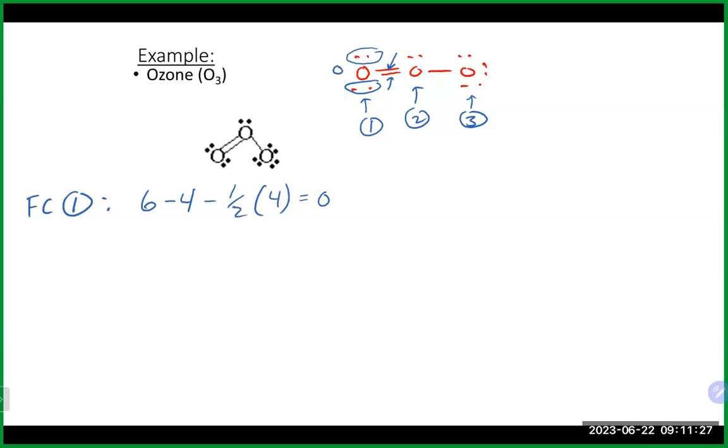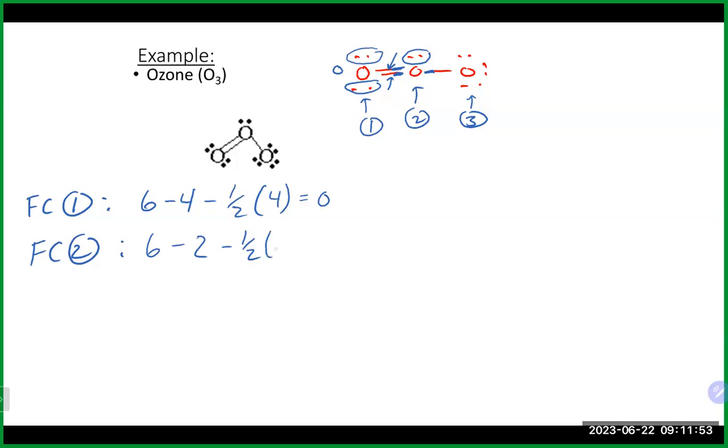If we go to the oxygen in the middle, the second one, that is 6 for the number of valence electrons it has, minus the number of non-bonding electrons, which is just these 2 right there, minus 1/2 the number of bonding electrons. So that's 2, that's 4, and that is 6 electrons.